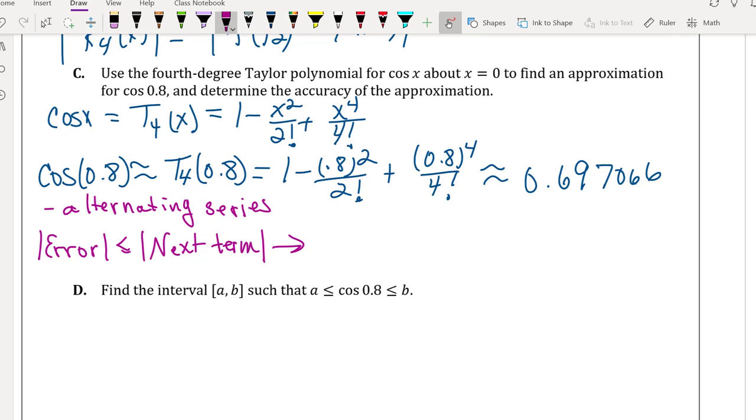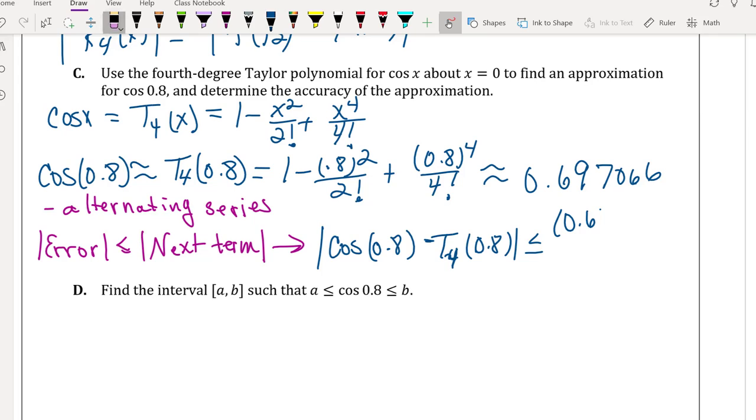There are different ways we can write it, so I can just do this since I'm using a calculator. That is another way to say our error. So this is going to be less than or equal to the next term, which would be 0.8 to the 6th power over 6 factorial.